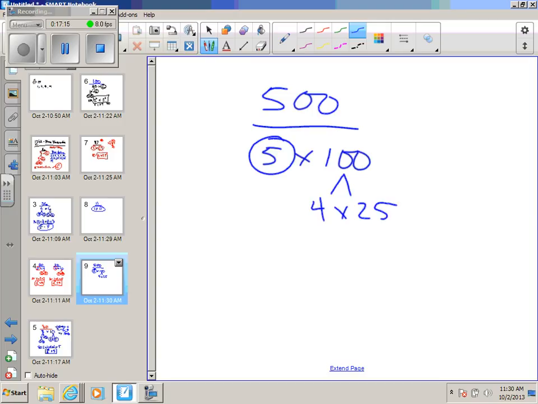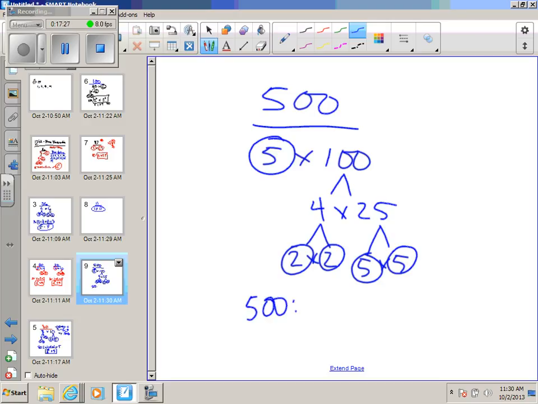And when I do that, I get my 2 2s. I get my 2 5s. And when I clean it up, 2 squared times how many 5s? Zay? How many 5s? 3.